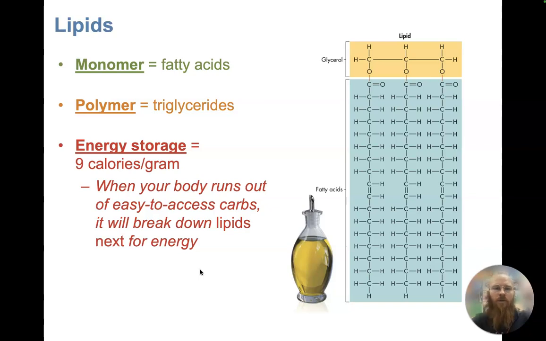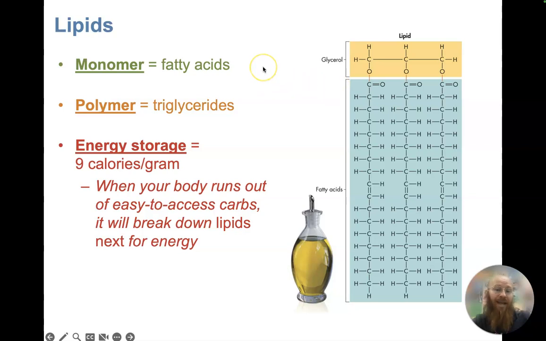The single small functional units of lipids are fatty acids. That's the monomer. And you can actually see what fatty acids look like if you look at the image over here to the right. So if I were to look at a little container of olive oil, and I were to look at each of those little lipids within that olive oil, this is actually what those look like, the chemical formula for those fatty acids.